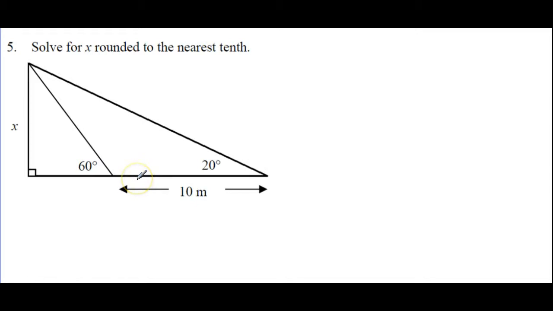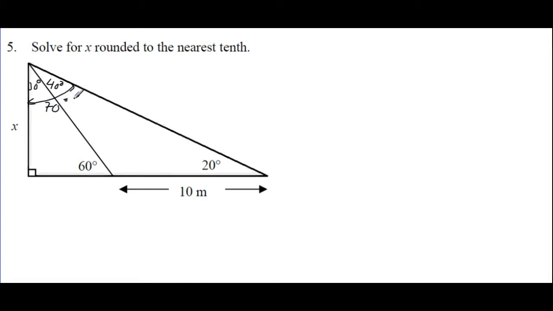But what do we want to do? We want to solve for x. So this is 90, this is 60, that's 150 degrees. That's 30 degrees. This is 90, that's 20, that's 110, makes this angle 70, so that's 40 degrees. And this whole angle here is 70 degrees.